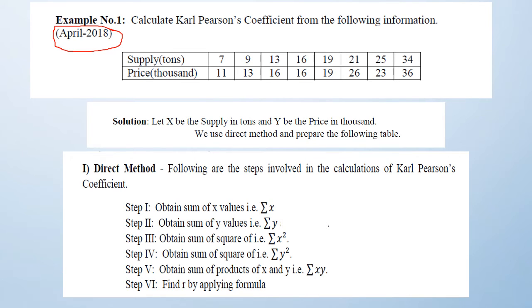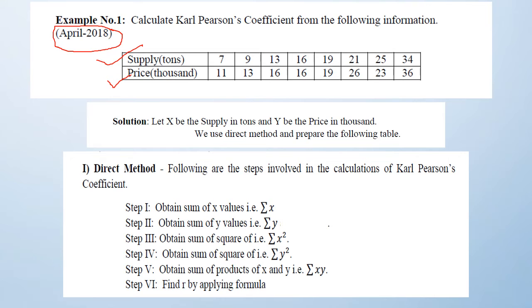We are given supply in tons and price in thousands. Supply in tons: 7, 9, 13, 16, 19, 21, 25, 34. Price in thousands: 11,000, 13,000, 16,000, 16,000, 19,000, 26,000, 23,000, 36,000.